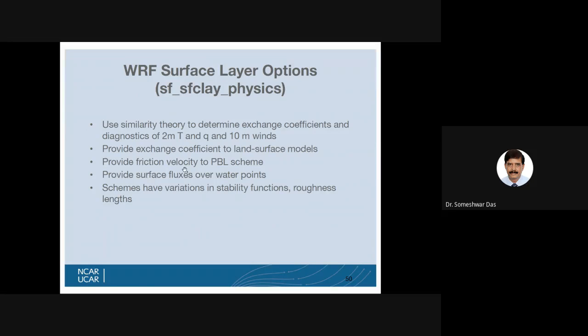It provides exchange coefficients to land surface models, and provides frictional velocity to the PBL scheme. It provides surface fluxes of water vapor for water points, that means our ocean surface, our river, our lake, etc. The schemes have variations in stability functions, roughness length, etc. These are the functions, or responsibility, of the surface layer parameterization scheme in the WRF model.